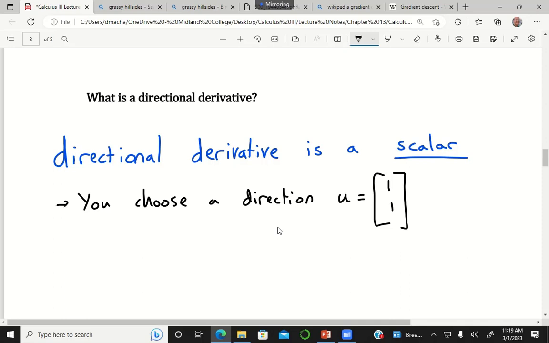Then we take that direction vector and you have to normalize it. You have to find a unit direction vector, and so I might call this u hat. If I'm trying to normalize this, it means this is going to be square root 2 over 2, square root 2 over 2 for my entries. That way this vector has a norm of 1. That vector has a magnitude of 1.